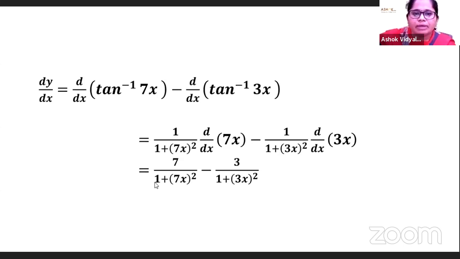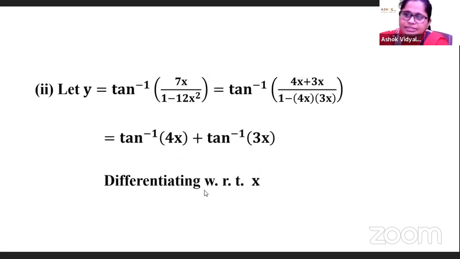Therefore, dy by dx is 7 upon 1 plus 7x square minus 3 upon 1 plus 3x square. Here the derivative of 7x is 7 and the derivative of 3x is 3.